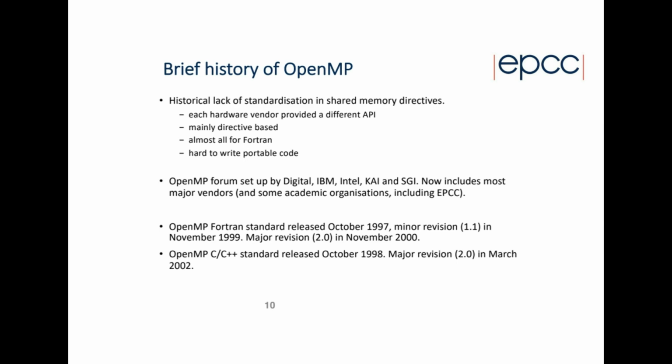But every hardware vendor provided their own compilers which implemented a different API for doing this kind of thing. It was mainly directive based at that time, almost all for Fortran, and that just made it hard to write portable code. You needed a different set of directives for every machine that you wanted to run your code on. So the idea of OpenMP was to say, okay, let's have a universal standard for this style of parallelism.